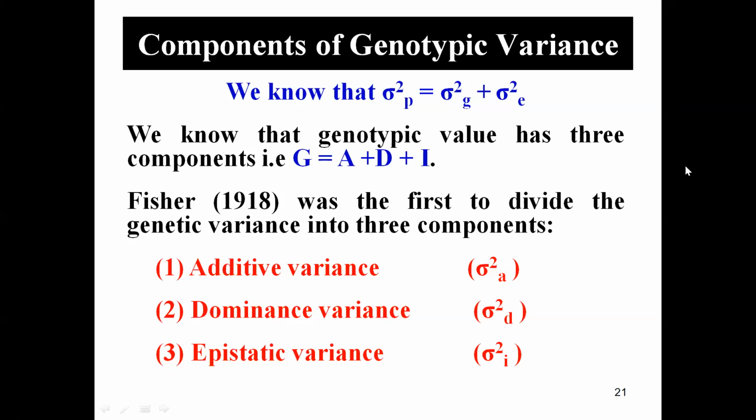Fisher was the first person who divided the genetic variance into these three components. These are analogous: for A, there would be additive variance, for D, dominance variance, and for I, epistatic variance.